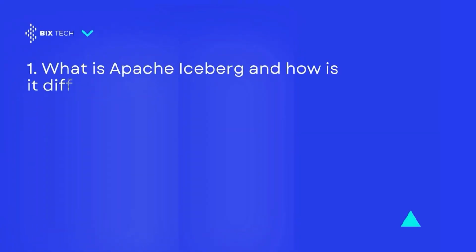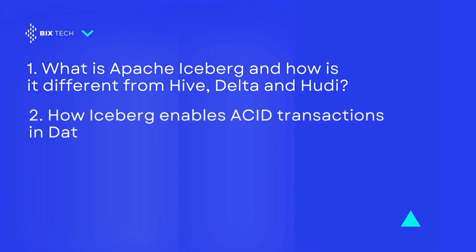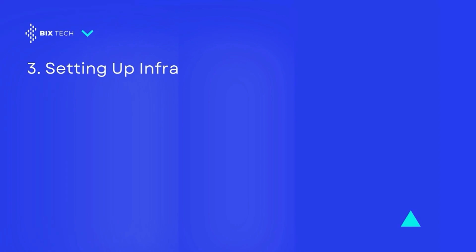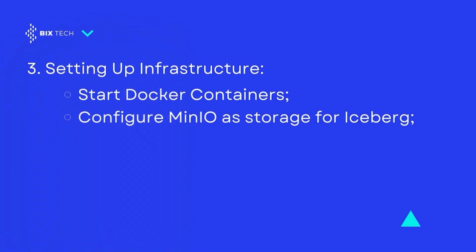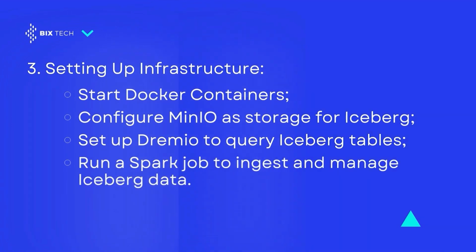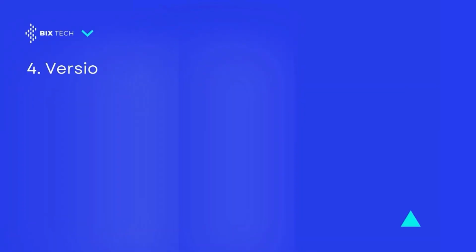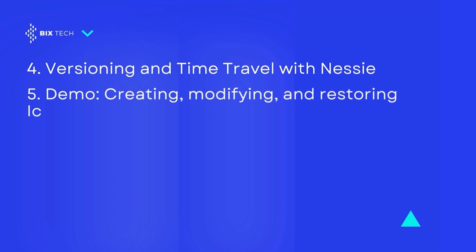Okay, so we'll go step by step covering what is Apache Iceberg and how it's different from Hive, Delta, and Hudi. How Iceberg enables ACID transactions in data lakes, setting up infrastructure, starting Docker containers, configuring MinIO as storage for Iceberg, running Dremio to query Iceberg tables, running a Spark job to ingest and manage Iceberg data, and versioning and time travel with Nessie, and create a demonstration using Iceberg for creating, modifying, and restoring Iceberg data.